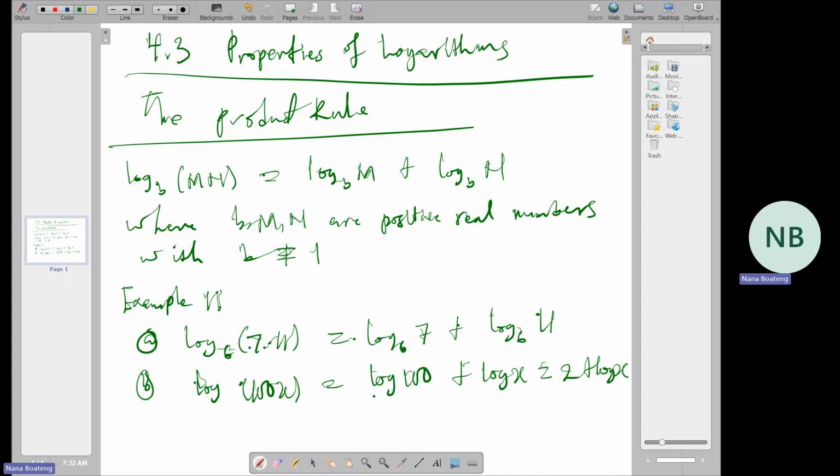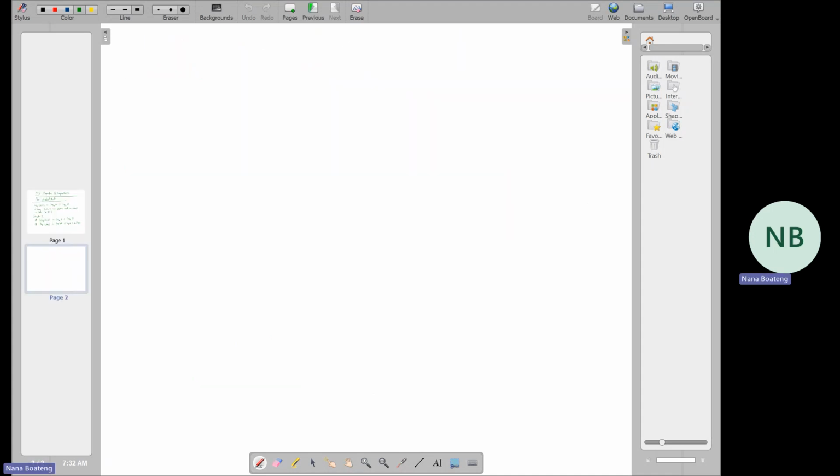So the next rule we want to look at is the quotient rule.